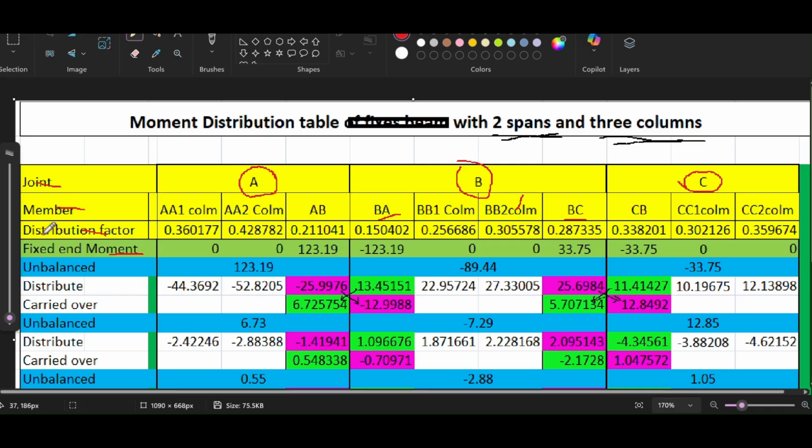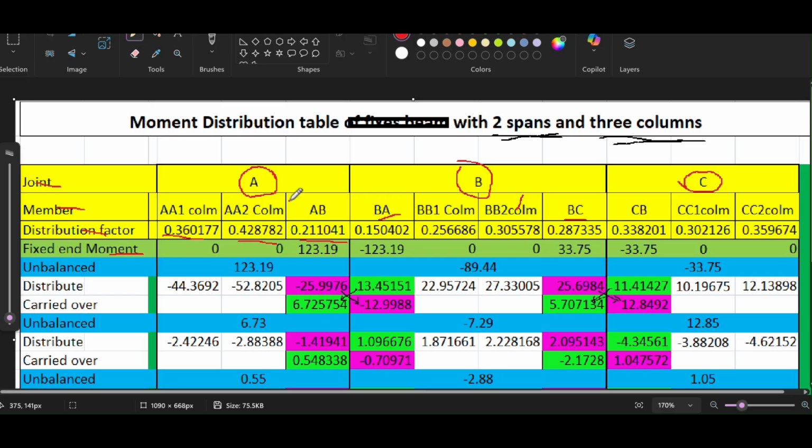Okay. The third line is the distribution factor. We have already calculated in joint A, the last line we found. The first is 0.36, then 0.42, 0.22. Similarly for B and C, I have written these from previous calculations.